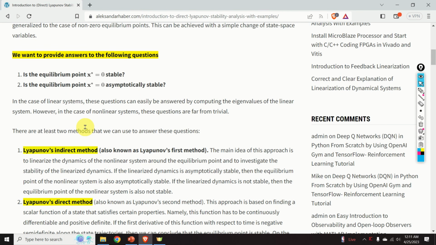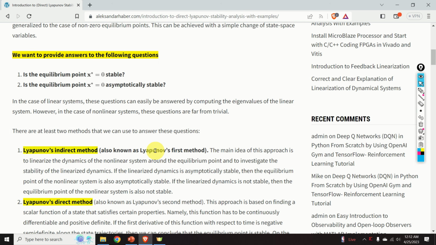However, in the case of nonlinear systems, these questions are far from trivial, and in order to provide answers to these questions, we need to employ complex mathematics. There are at least two methods that can be used. The first method is the so-called Lyapunov's indirect method, also known as Lyapunov's first method.